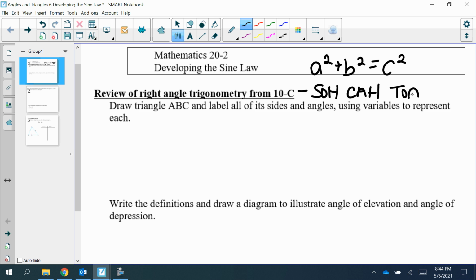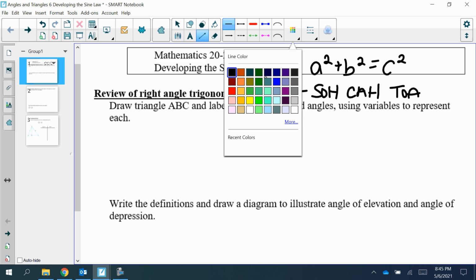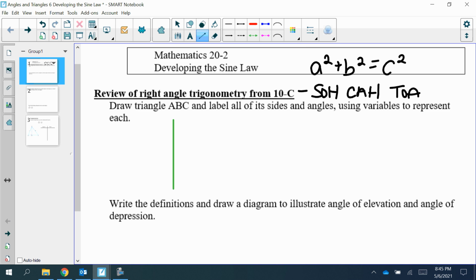The other thing as well that we didn't explicitly talk about is just labeling our triangles. So draw a triangle ABC.